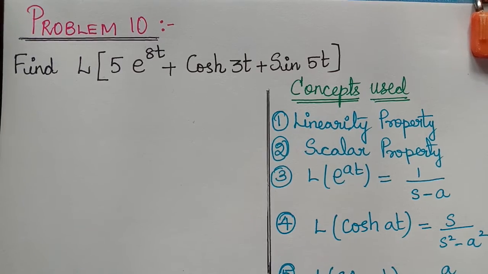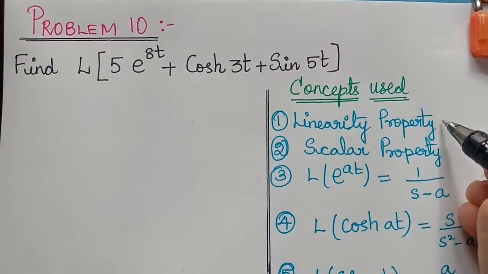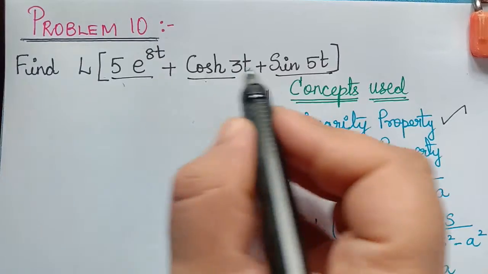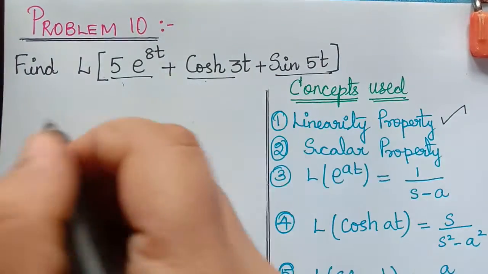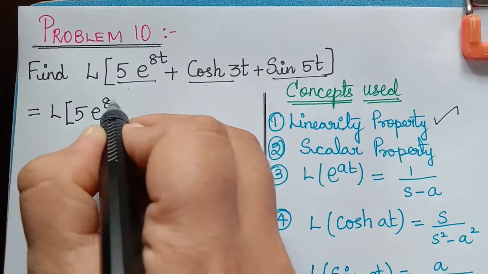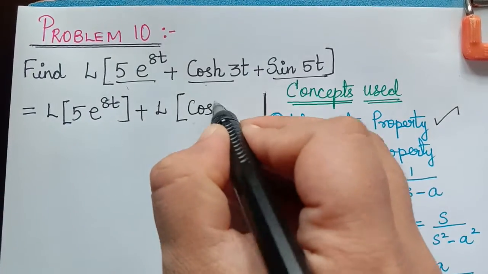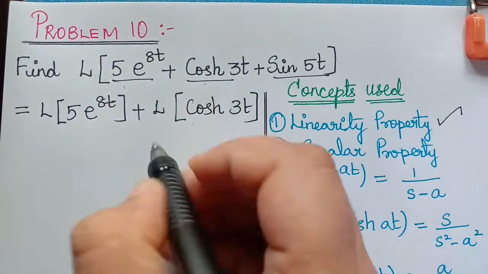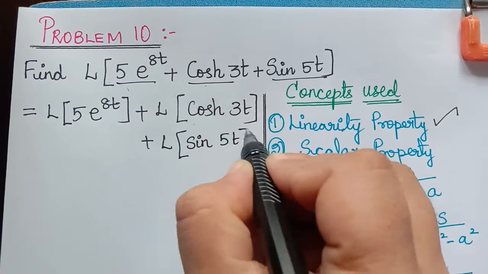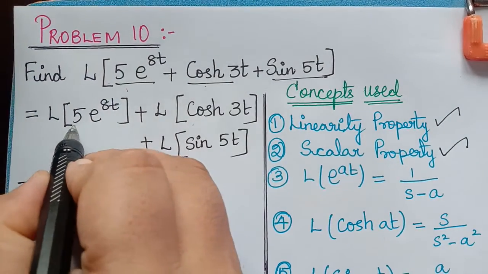So here we have problem number 10, which is equal to Laplace transform of this. So first of all, we have to apply the linearity property and separate each function. That is, we have to find the Laplace transform of each function separately and then add them. So this will be equal to Laplace transform of 5e to the power 8t plus Laplace transform of cosh 3t plus Laplace transform of sin 5t, and further that will be equal to, now apply the scalar property and take the constants outside.